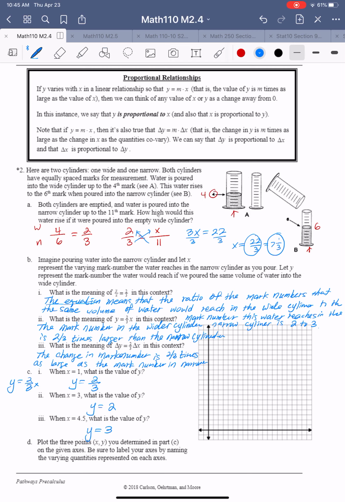So when x equal to 1, let me put a 1 as before. So 1 and 2 and 3 and 4.